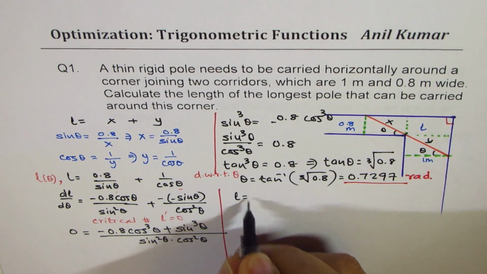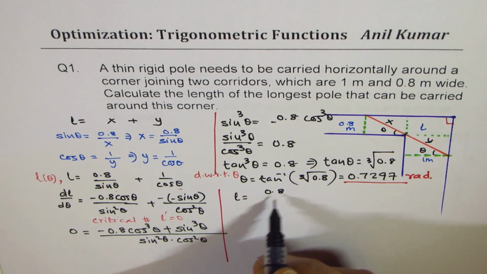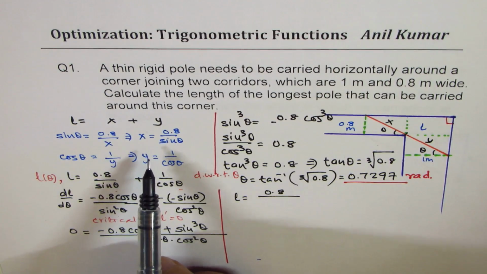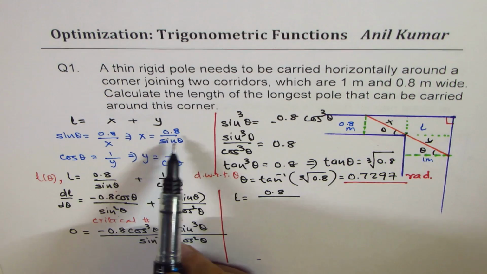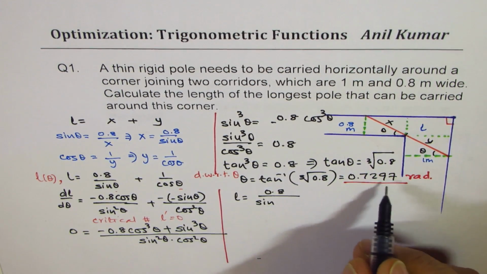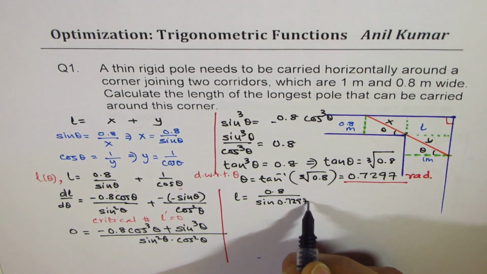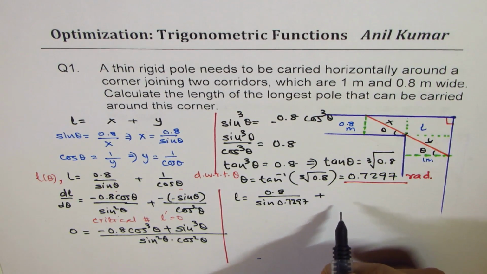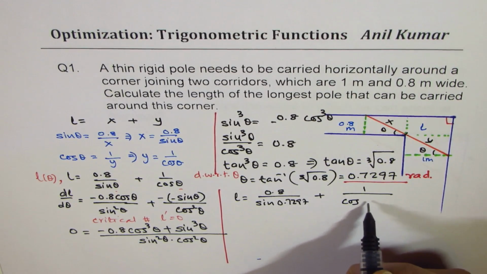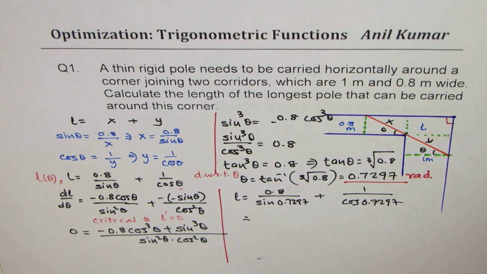So length is 0.8 over sine of theta, which is sine of this value, 0.7297, plus 1 over cos of 0.7297. Is it okay? So we'll just calculate this value.